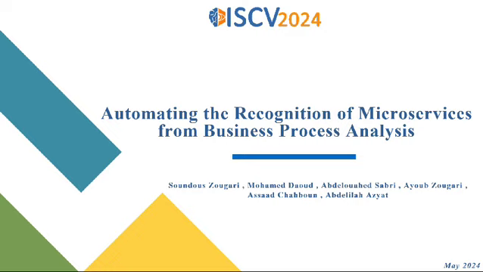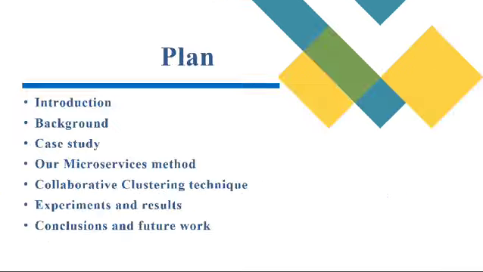As you can see on the screen, our topic is automating the recognition of microservices from business process analysis. First of all, I'd like to give you an overview of existing research relevant to our study.